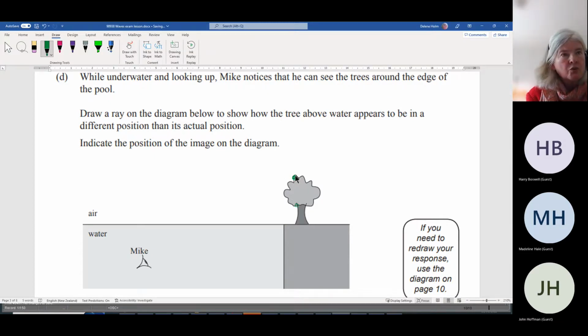I'm going to draw one like that. Again, please use a ruler, and I'm going to make this one go there. Obviously the light is going in all directions, but we just want the rays in the direction of Mike. Then again, draw the normal. That really, really helps. Now, what's happening here is the light is going from less optically dense to more optically dense.